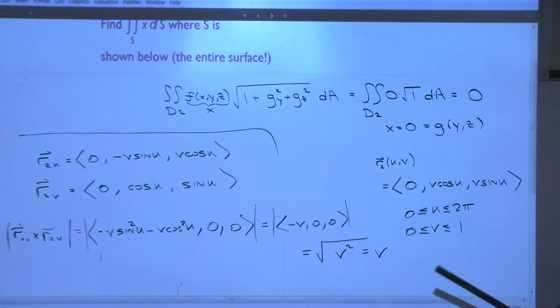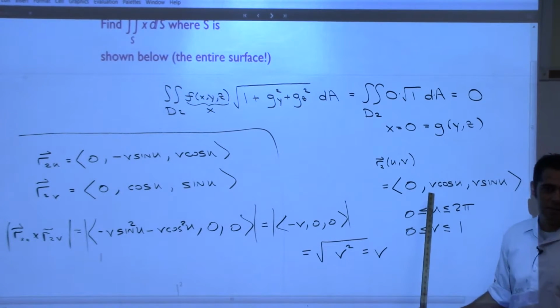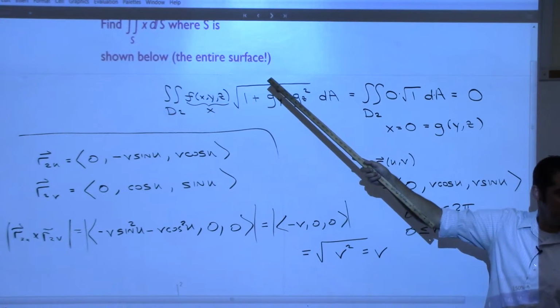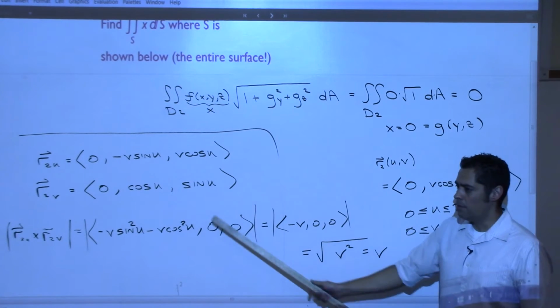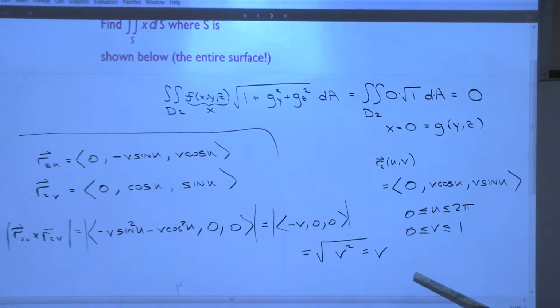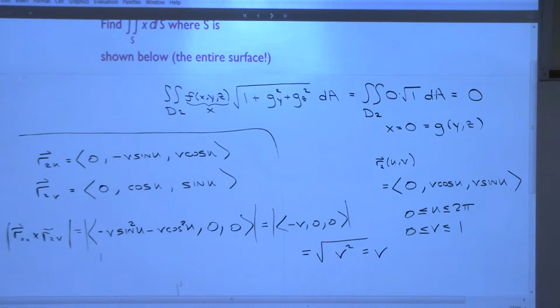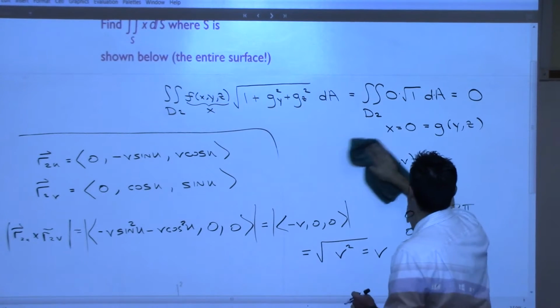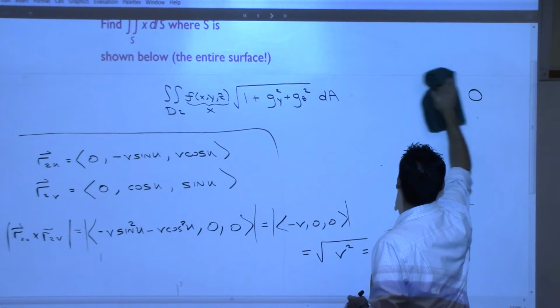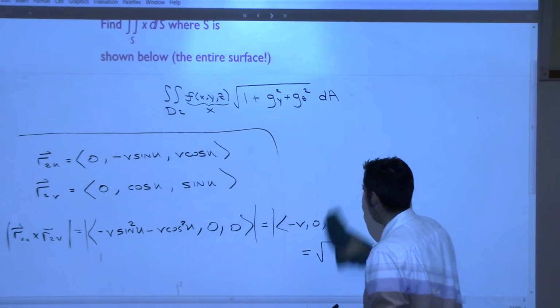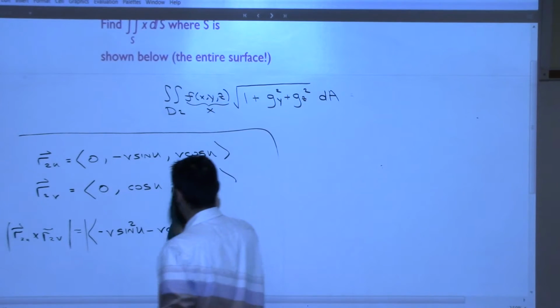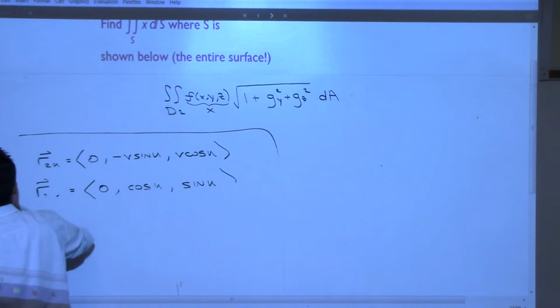Now, I could have avoided all this by noticing that x was 0 and that was the scalar function. But I just want you to see what work it would have required instead of how quick it was with that shortcut. Okay, any questions? All right, let's now go and do S2. Or that was S2. You want to do S1? Okay, let's do S1.